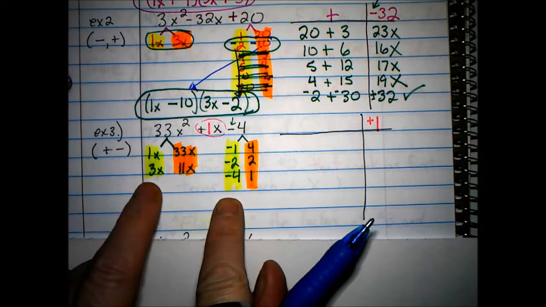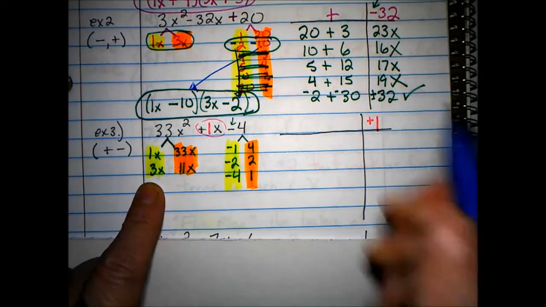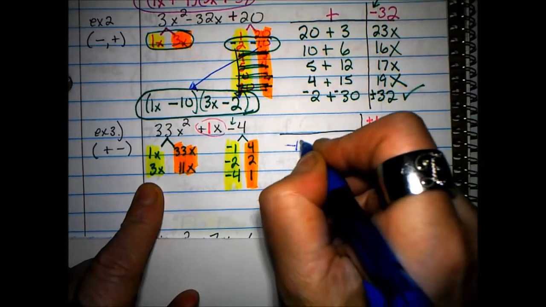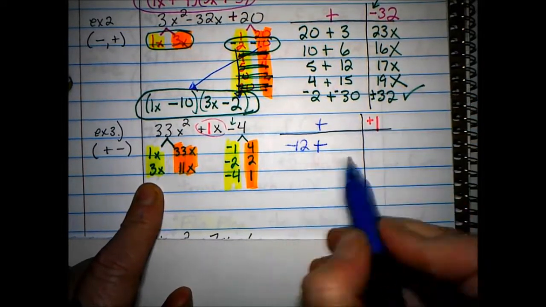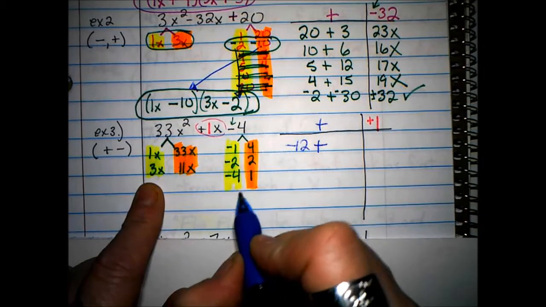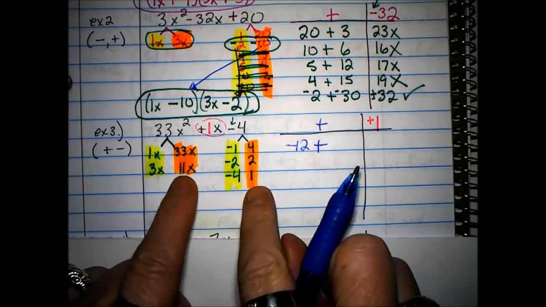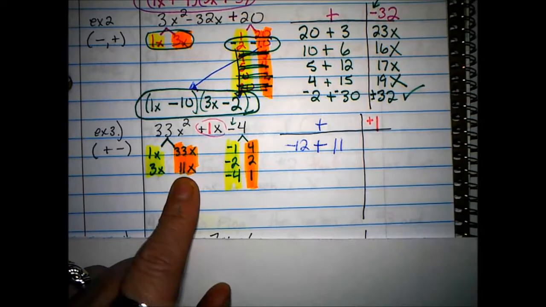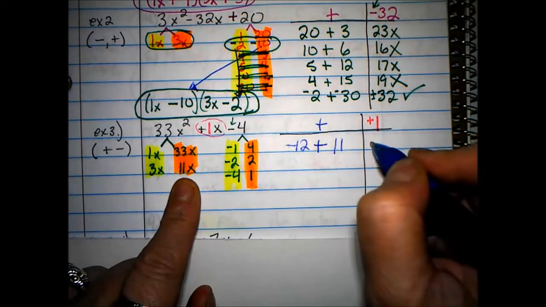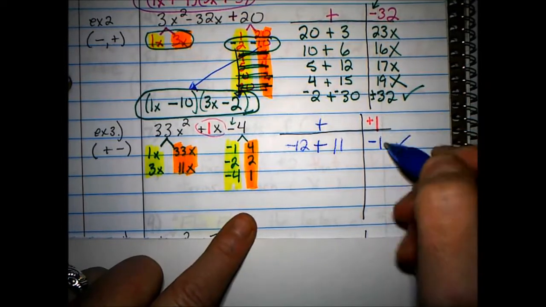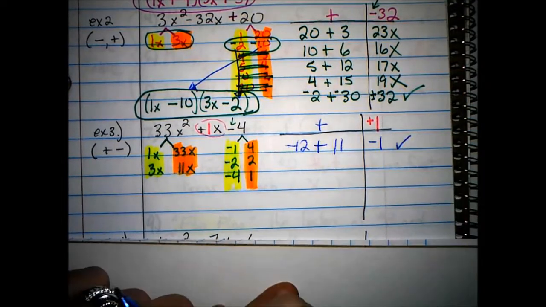I'm going to do 3 times negative 4, which is negative 12, plus, remember, I'm still adding my terms together. And then the orange columns, 11 times 1 is 11. Negative 12 plus 11 is a negative 1. I got the right number with the wrong sign.